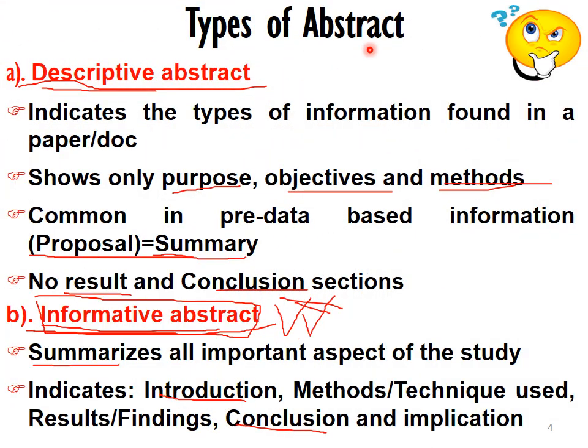An abstract can be categorized generally into two main groups. We have the descriptive abstracts and the informative abstracts. The descriptive type of abstract can simply be called a summary of the information, and this is more common at the proposal stage of a research.